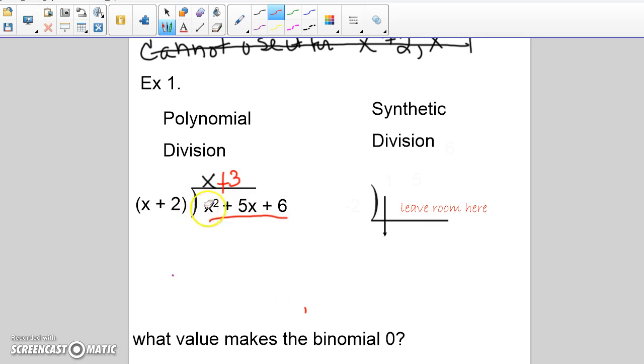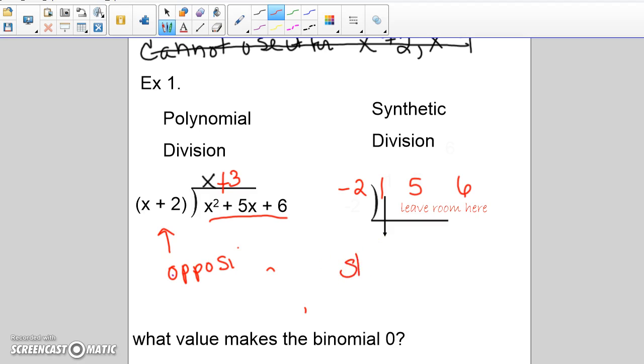The invisible number in front of the x squared term is a 1. What's in front of the x term? A 5, and then a 6. Then we take the opposite of what is inside that x plus 2. That opposite is a minus 2. We're going to put that here, and this is how we set it up.